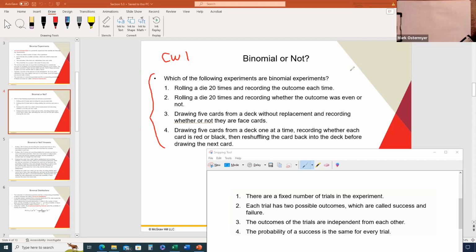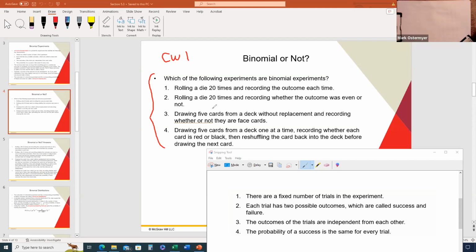Anybody have any thoughts on this? No. Why not? Because there's more than two outcomes. That's right. Any trial could yield more than two outcomes. There are 6 possible outcomes when you roll a die. For that reason, these are not Bernoulli trials, and it's not a binomial experiment. So that's the reason why.